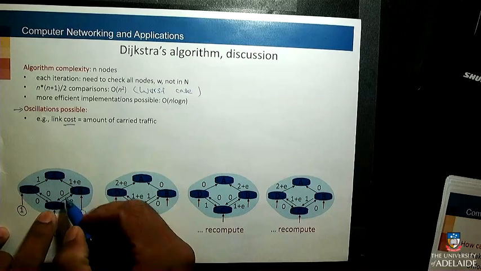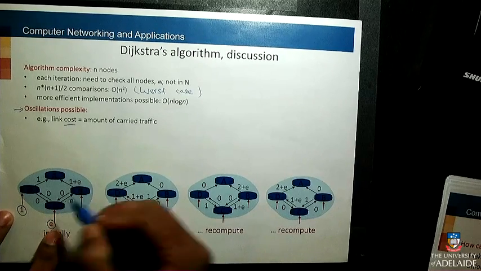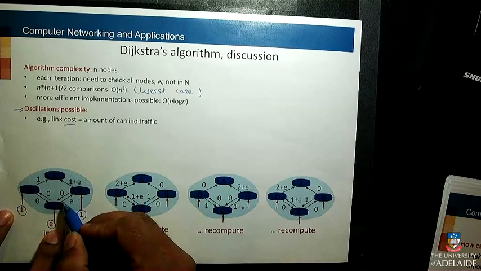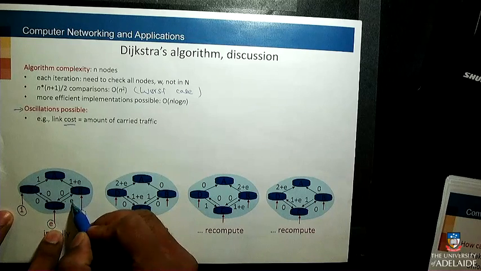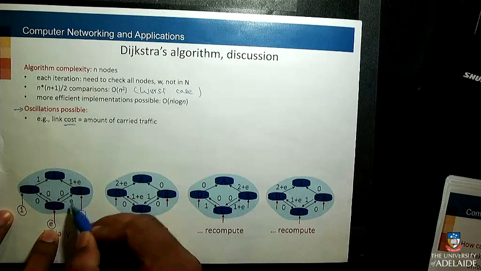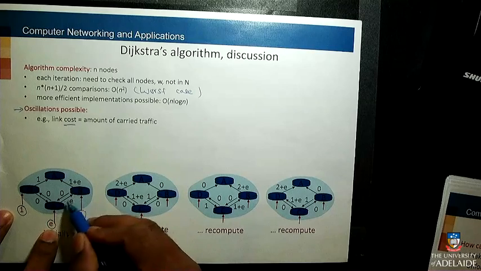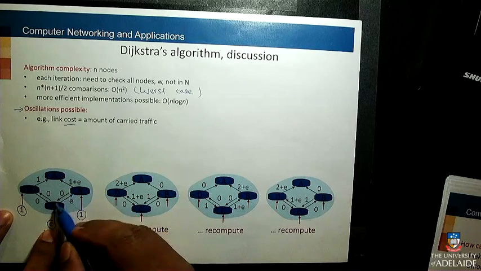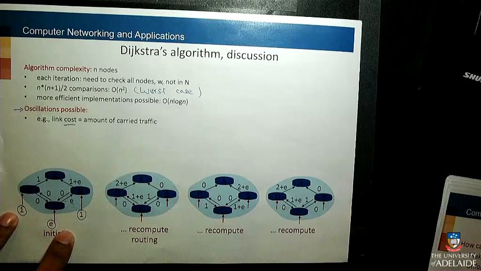This is a bidirectional link. The cost of going from C to B is actually E, because this data is going to A and using this link, but there's no data going backwards, so the cost of going from B to C is actually 0. So there's a bidirectional link with 2 different costs in 2 different directions, okay?